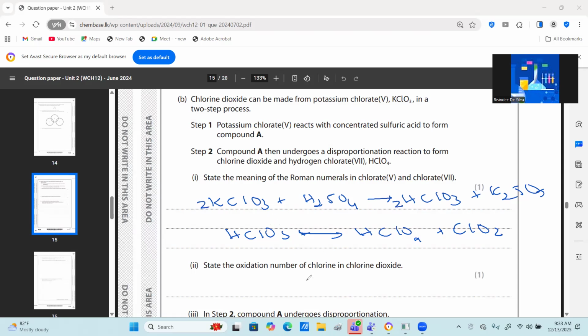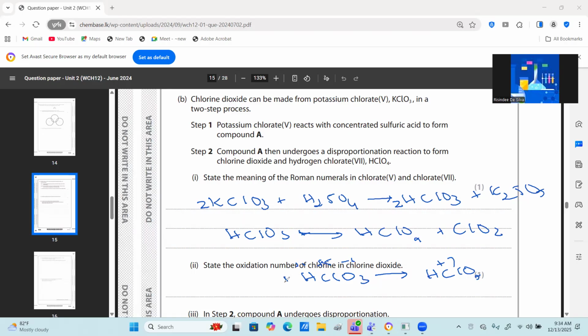And for this, you can write the half reactions. HClO4, this is +7 and this is +5. Then only both charges will balance.